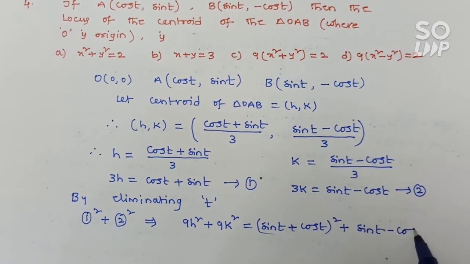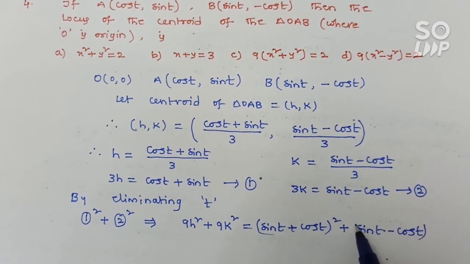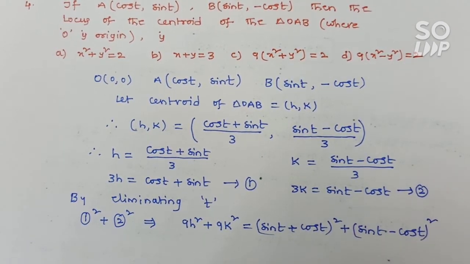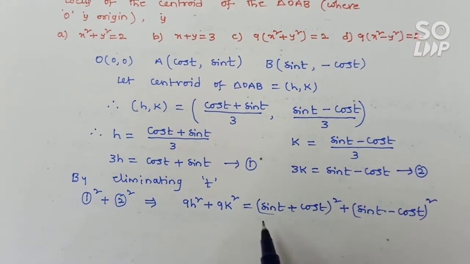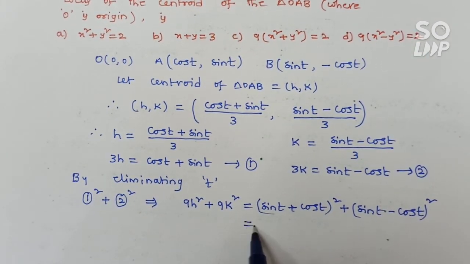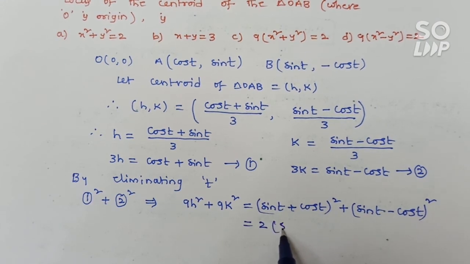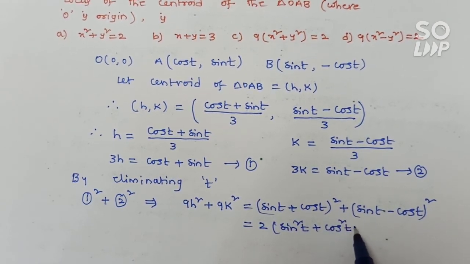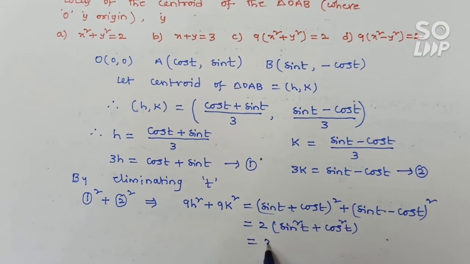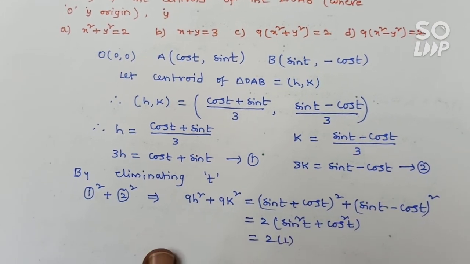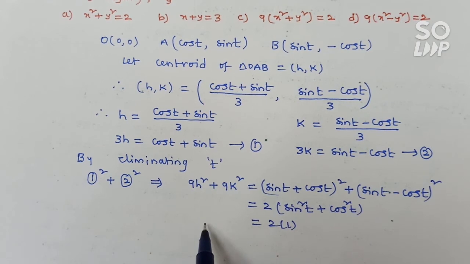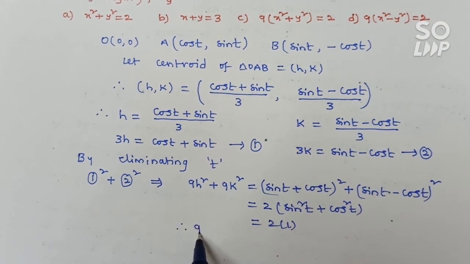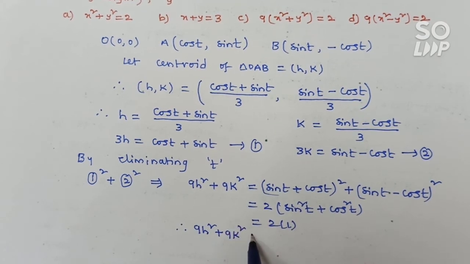This is in the form of (a plus b) whole square plus (a minus b) whole square, which is 2 into (a square plus b square). That is equal to 2 into (sin square t plus cos square t). You know sin square t plus cos square t is 1. So that is 2 into 1, which is 2. Therefore 9 into h square plus 9 into k square is equal to 2.